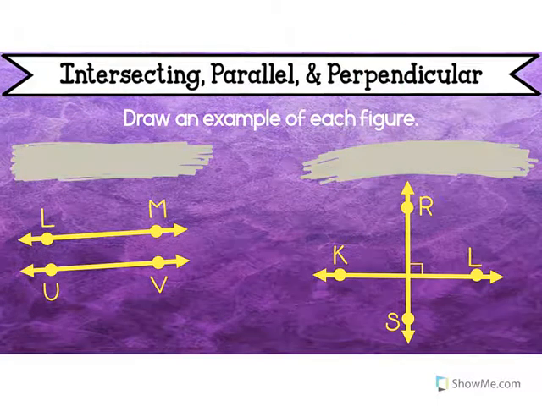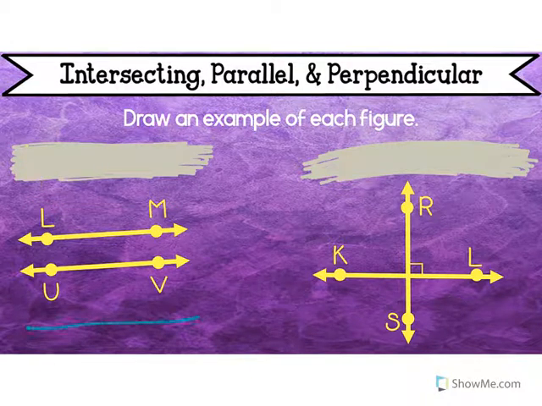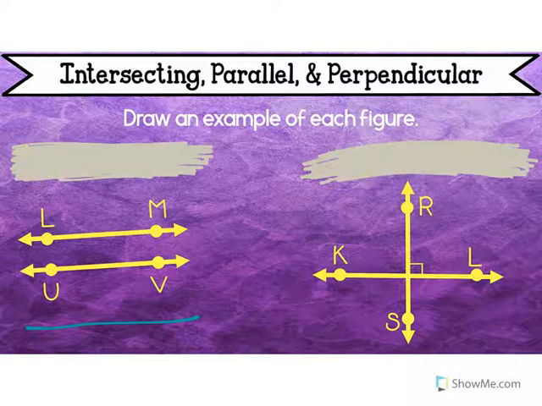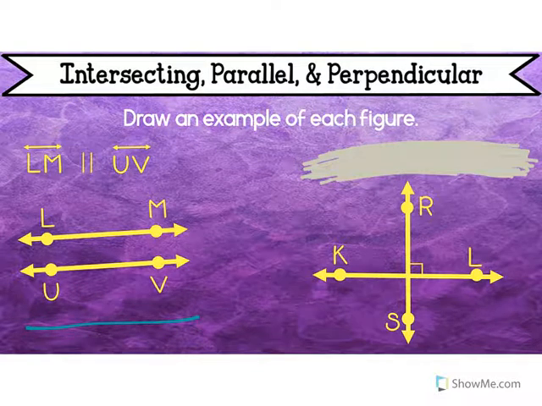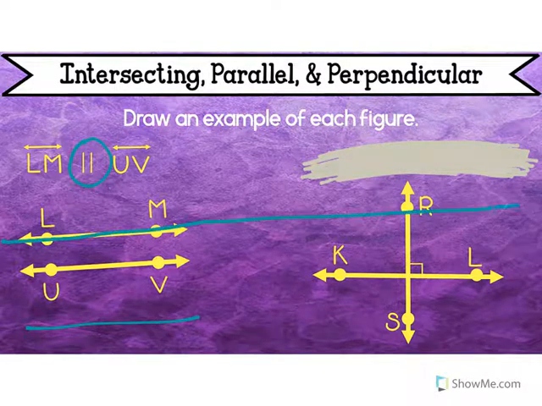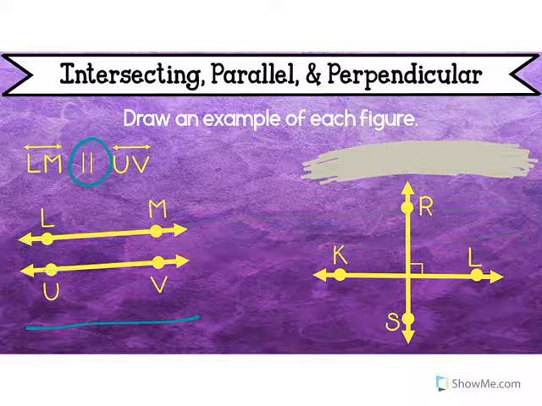Okay, what is this one? Right here. I guess I'll put it underneath. What's that one right there? Is it intersecting, parallel, or perpendicular? It is parallel. Remember, this means parallel right here. Like before, if I extended it out all the way, and extend this one out, did they ever touch? No, they didn't. So they are parallel lines.